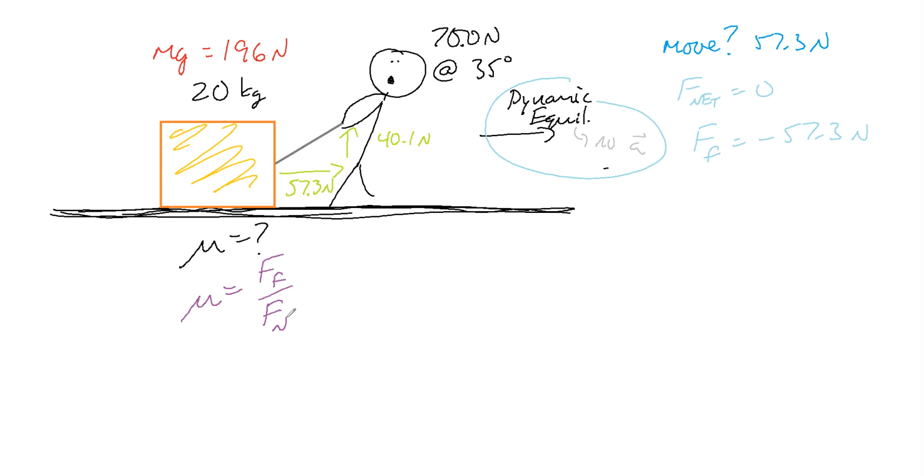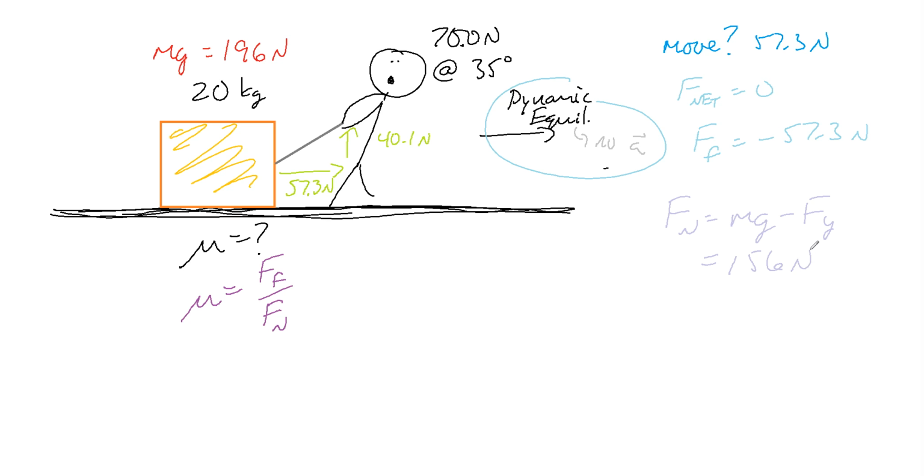Now, if the box was just sitting there, the normal force would be 196. But since he's pulling up with like 40 newtons, it's going to be a little bit less. So the normal force will start as the mg, that's the 196, but I have to subtract what he's pulling up in the y direction with. So if it's basically 196 for mg, and he's pulling up with 40, my normal force is going to be left with about 156 newtons.